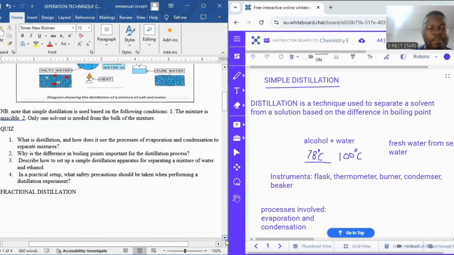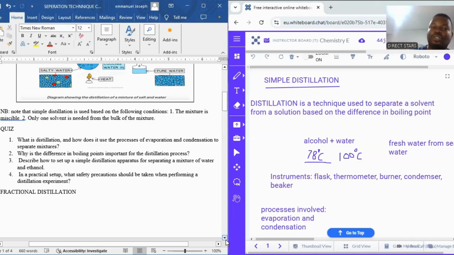So that is basically what we need to note. Another thing we need to note is for you to use this simple technique, you will have to ensure that the mixture is miscible. When we say a two or three liquid mixture is miscible, we mean when you mix them together, they form one phase, no layer formed. Water and alcohol is miscible, but water and oil is not miscible because you have the oil floating on the water.